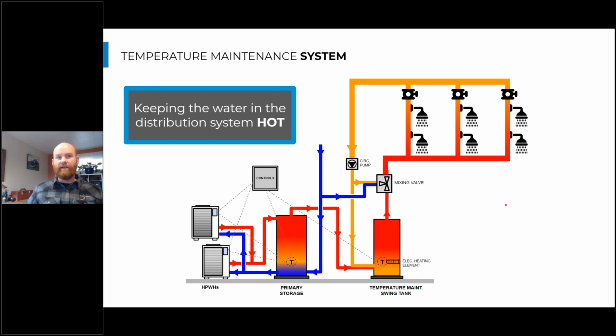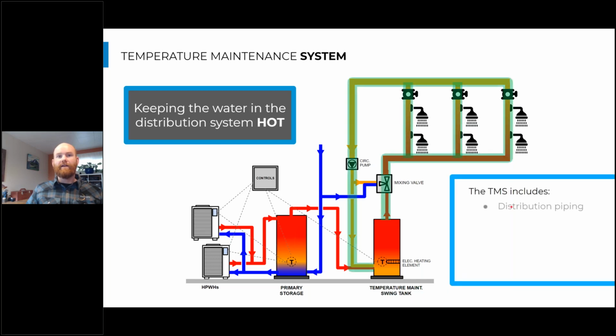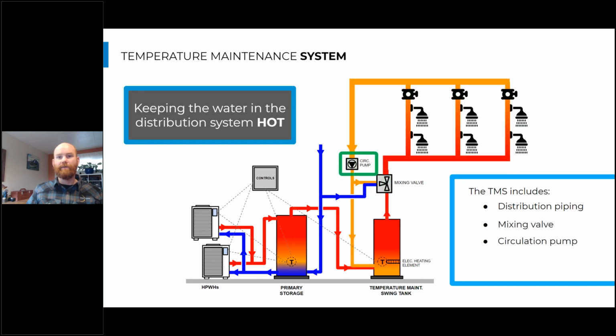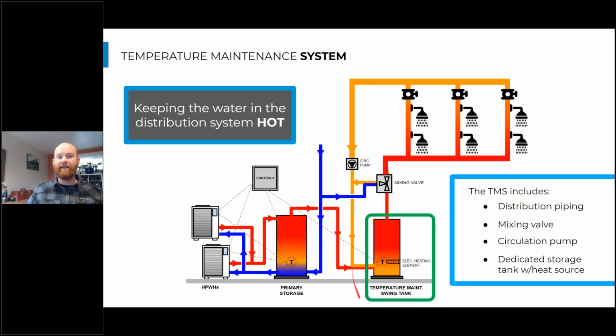But our temperature maintenance system is this distribution piping, the mixing valve, and the circulation pump, and then some kind of heating source. And right here, I'm showing it as a dedicated heating source or a dedicated storage tank with a heating source in it.